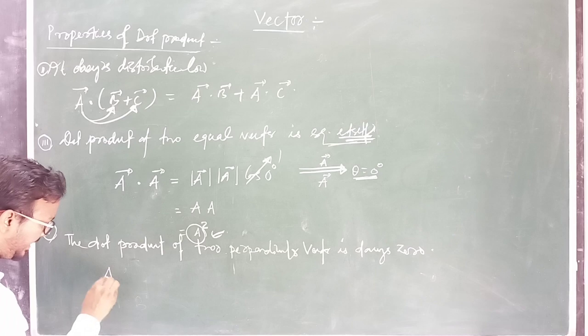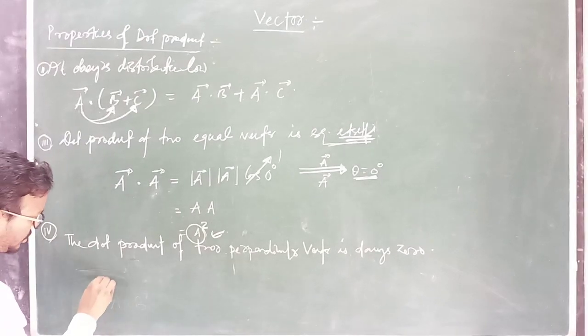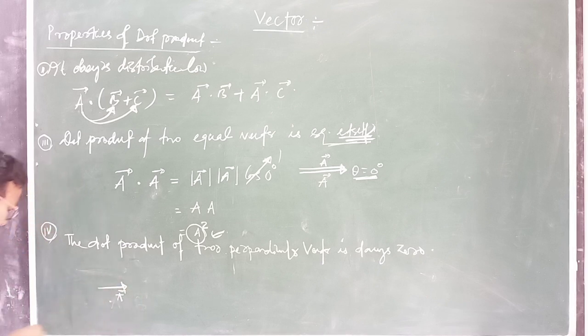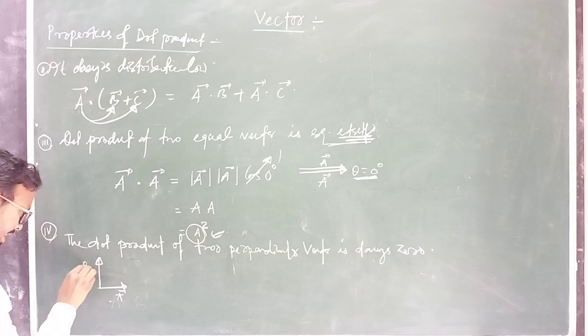Suppose one vector here is A vector and another vector B is perpendicular to vector A, and the angle between them is 90 degrees.